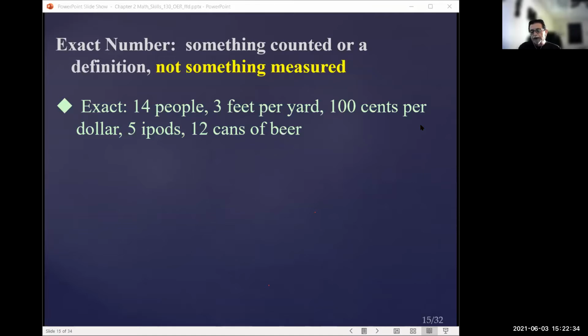If I have a conversion factor that says 3 feet per yard, it's exactly 3 feet per yard, not 3.4, 3 point whatever. It's exactly 3. 100 pennies in $1, 5 iPads, or a 12-pack. Those are exact numbers. And being exact numbers, they would not play a role in determining your significant figures at the end.